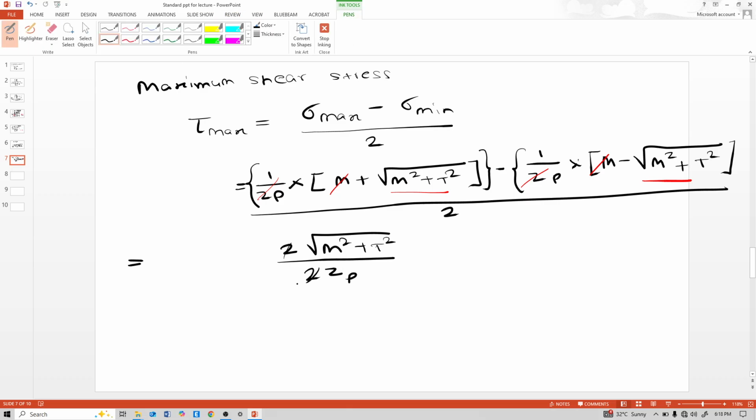These two get cancelled. The maximum shear stress is under root of M square plus T square divided by Zp, the polar section modulus.